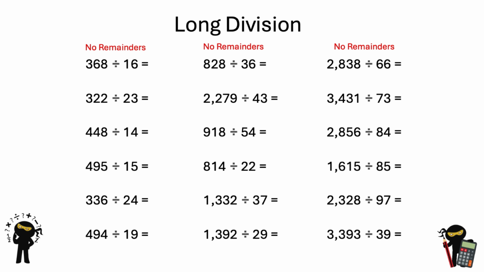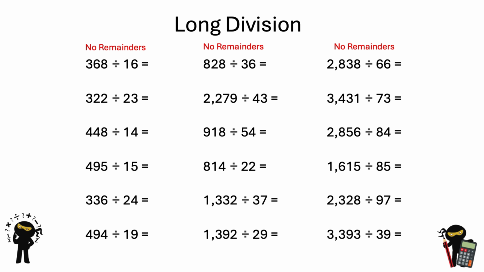So I've made these questions so that none of them have remainders. Again, fairly simple numbers to divide by, but getting progressively more difficult. All right. So again, in these ones, once we start getting into these 1,000 numbers, especially these ones over here, I would be expecting you to start using your larger lots, so your 20 lots, your 40 lots, your 100 lots, your 50 lots, to take them away in bigger chunks, which means you have less calculations to do.